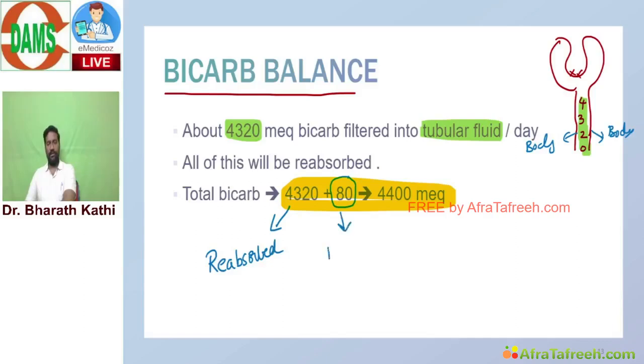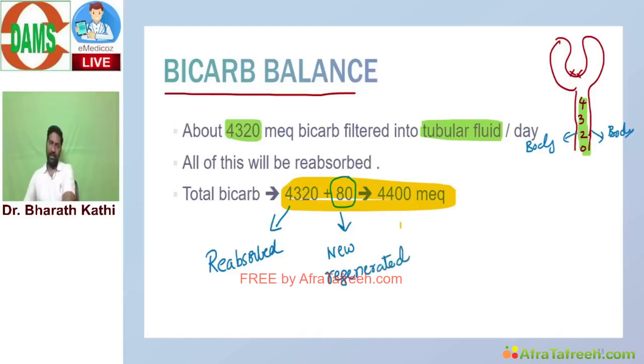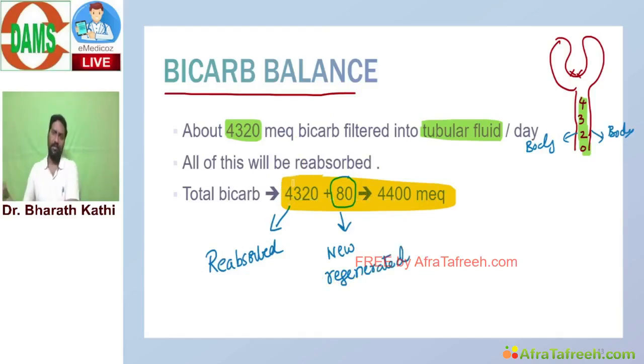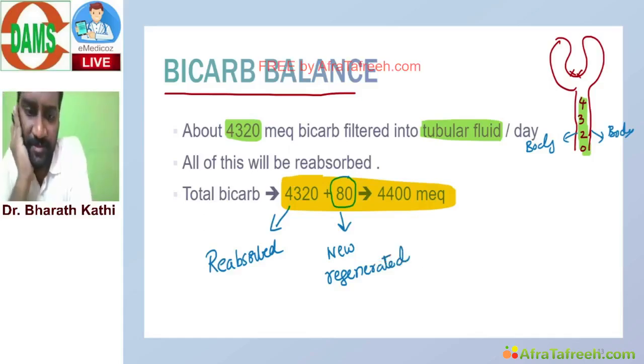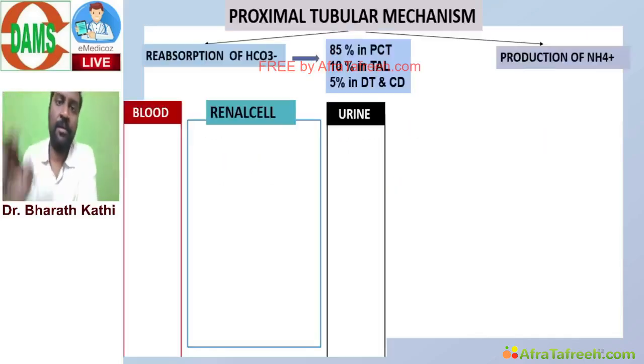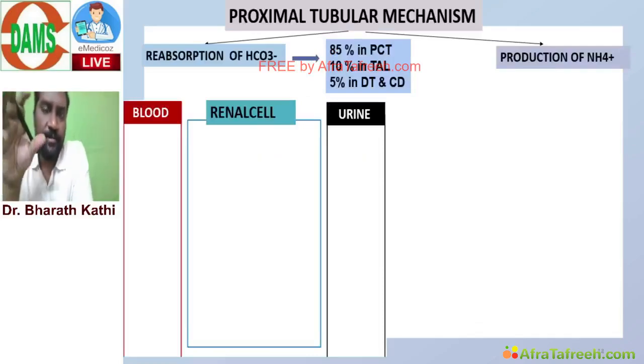It is new regenerated bicarbonate. If they ask you, total bicarbonate reclaimed by your kidney per day is 4400 milliequivalents. Out of this, 4320 which generally comes into the urine is reabsorbed. 80 is newly generated.